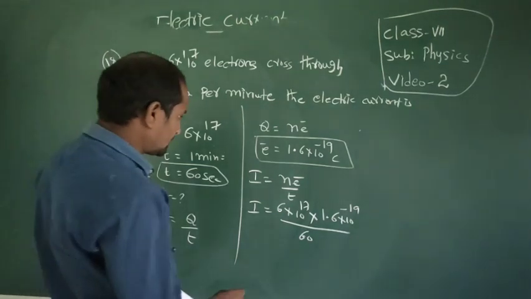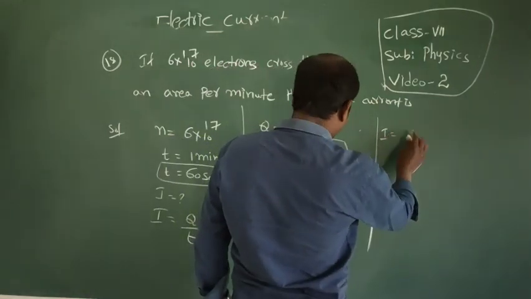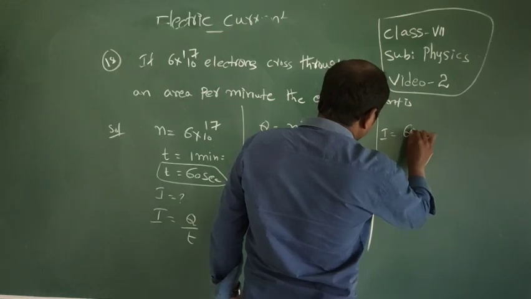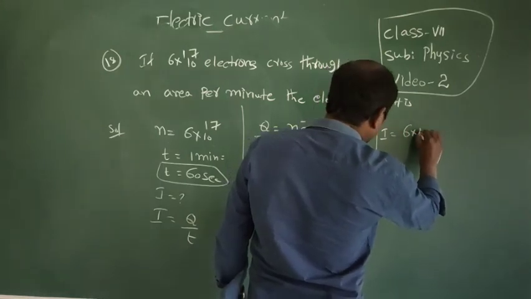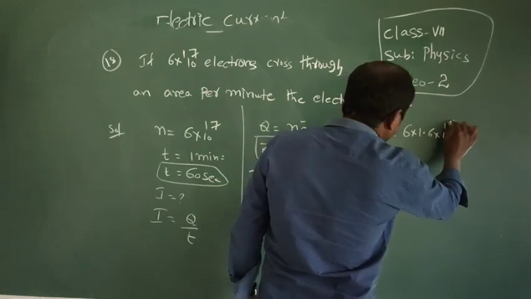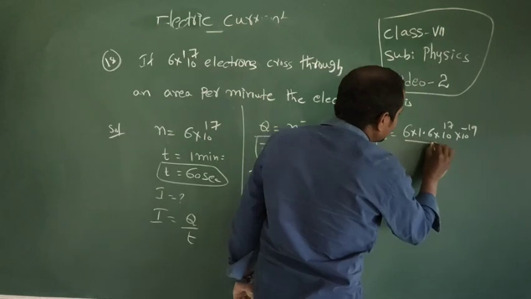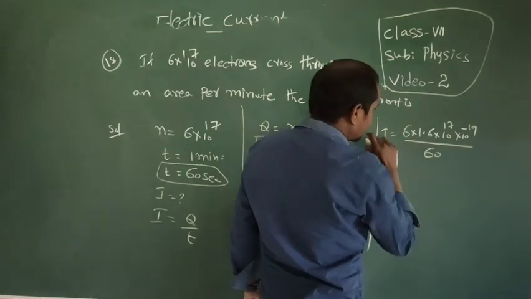Okay, here we can write I equal to 6 into 1.6 into 10 power 17 into 10 power minus 19 by 60.